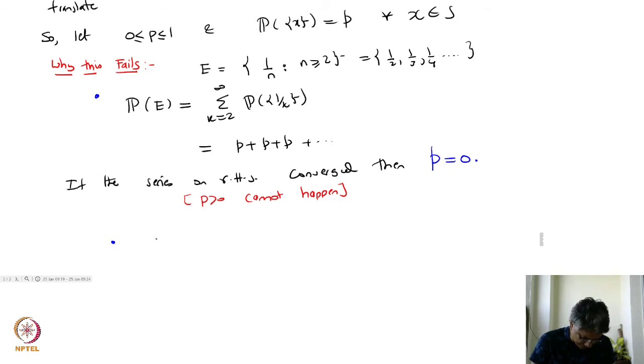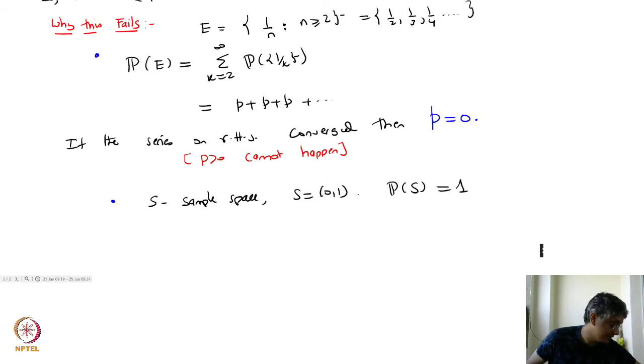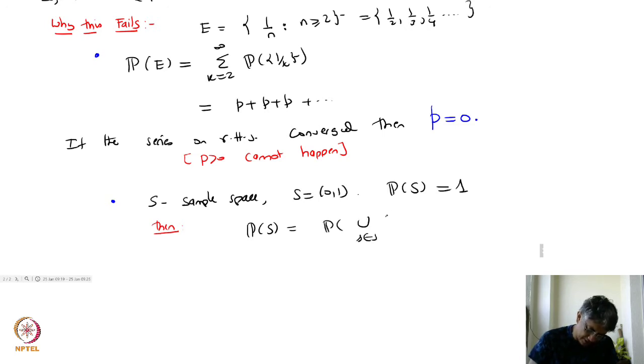Now S is the sample space, S is equal to [0, 1], and we know the probability of S is equal to 1, because P is a probability on S. What you could say is, I'll say the probability of S is the same as the probability of the union over x in [0, 1] of the events {x}.